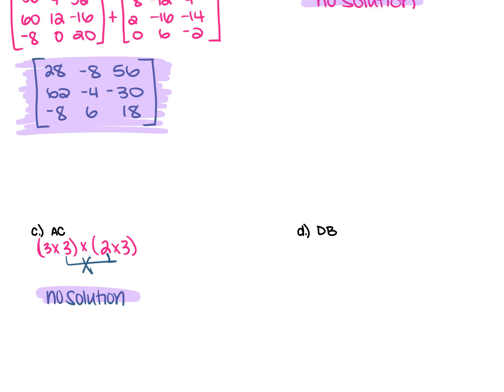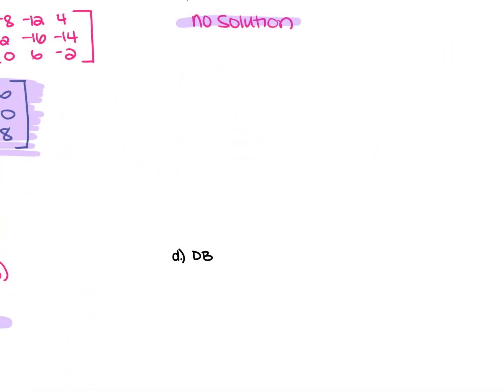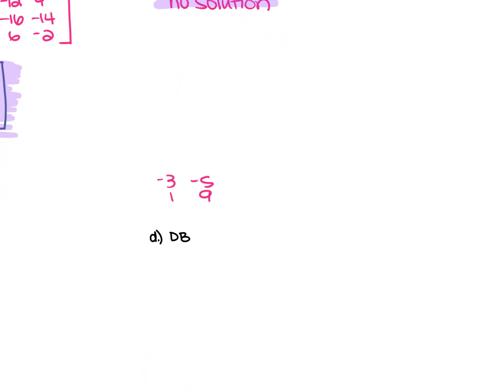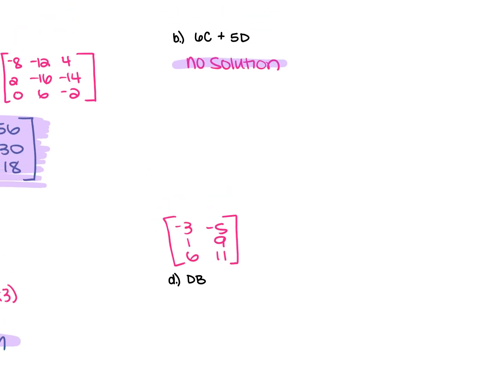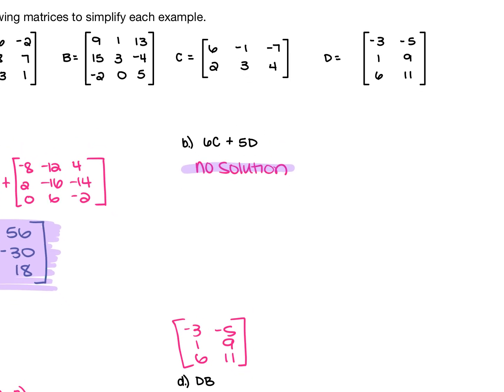For example D, you're doing D times B. So for D, it gives us negative 3, negative 5, 1, 9, 6, 11. And B, you have 9, 1, 13, 15, 3, negative 4, negative 2, 0, 5.